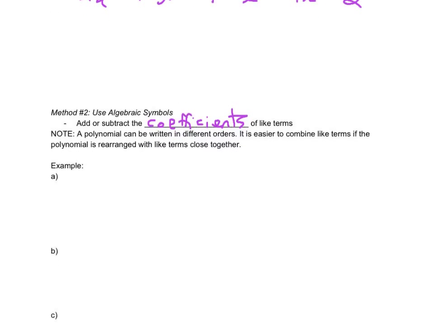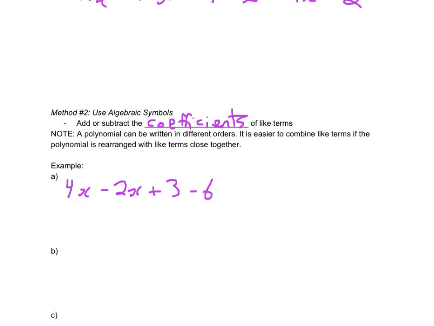Okay, so first example, I want you to follow along here. We're going to use the second method here. We're going to combine 4x minus 2x plus 3 minus 6.